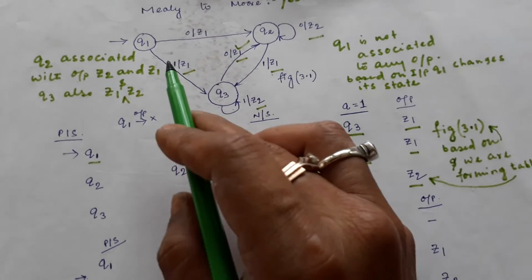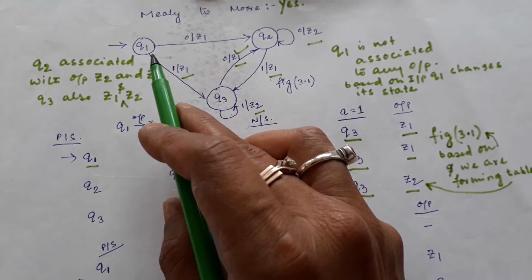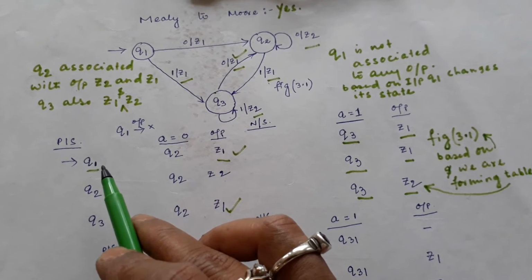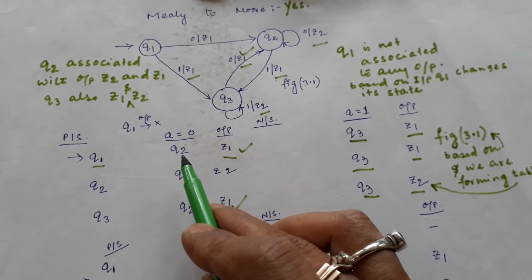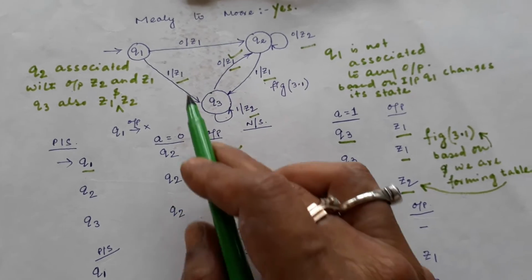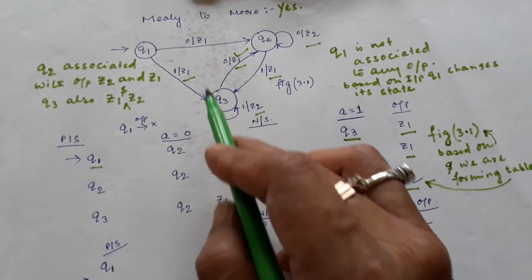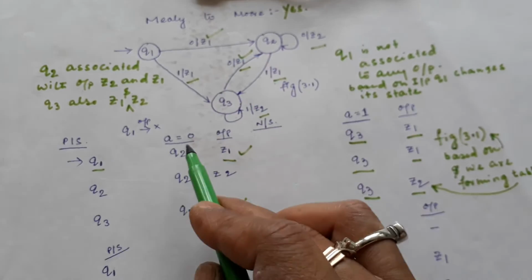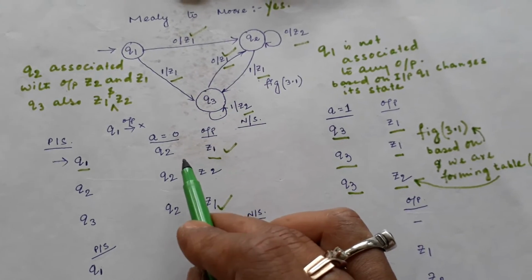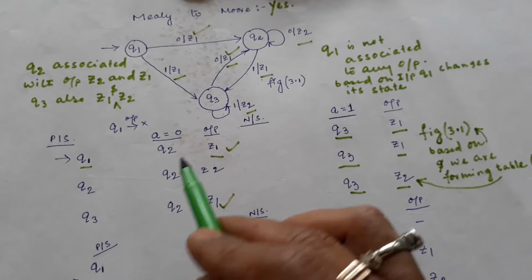On the other hand, if we put q1 to 0, it jumps to q2 and produces the output z1, so I have written the output z1, right?